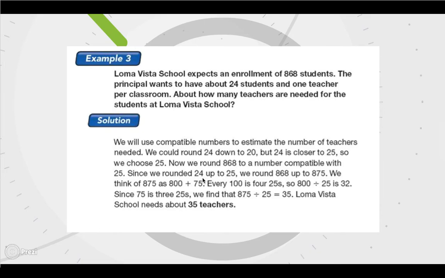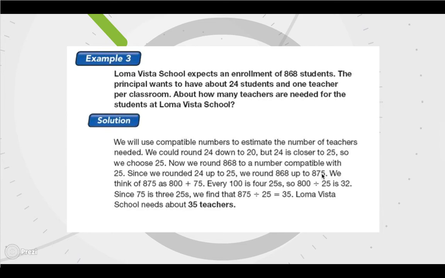Okay, so we're going to round up to 875 instead of rounding up to, say, 900, because 875 works well. The number 75 works well with 25, right? 3/4 is 75 cents. So we're going to do 875 instead of rounding to 800. That's a call that you have to make on your own.